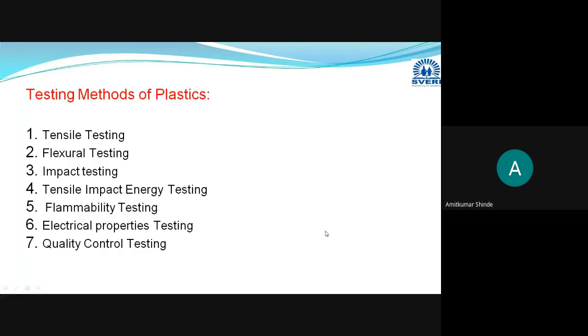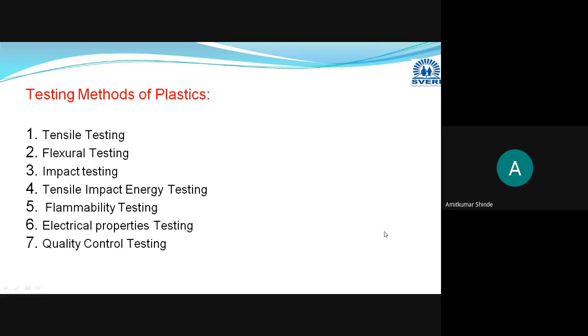Before using any material in actual practice, you should check what properties are there for that particular material. Depending on its properties only, we can decide the application of that particular plastic material. To check the properties, we are going to conduct certain tests.